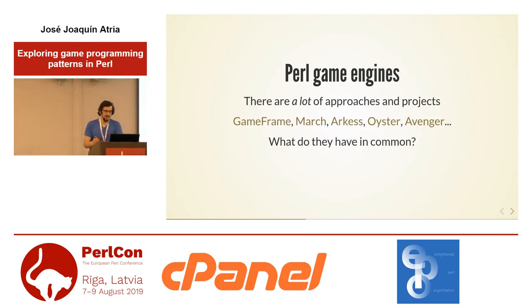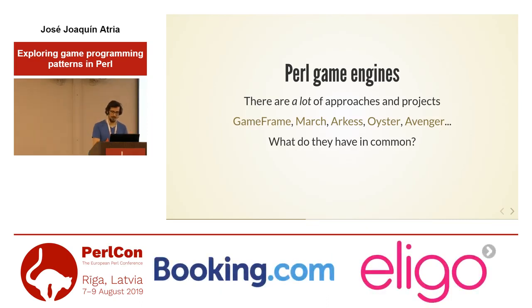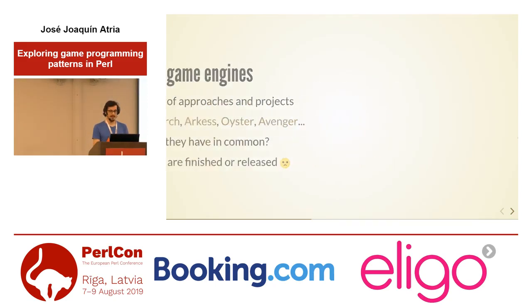Avenger is made by the same people who make the SDL releases, and it's an attempt at building a platform that is similar to the ones that I mentioned at the beginning, like Love and such. But the one thing that all of these have in common is that none of them are finished and none of them are released. Some of these seem pretty abandoned.